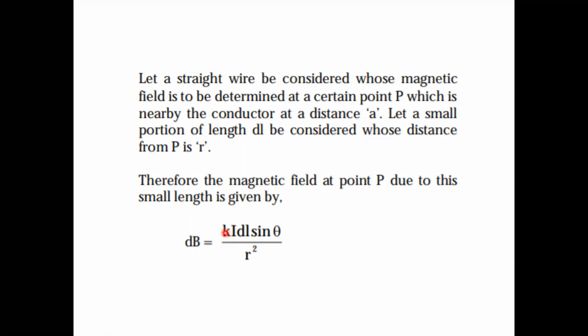I is the current passed through the conductor, and dl is the smallest length. Theta is the angle made by the dl length and the distance vector. Here r is the distance between the point and the smallest length dl. So this expression is taken from Biot-Savart's law.